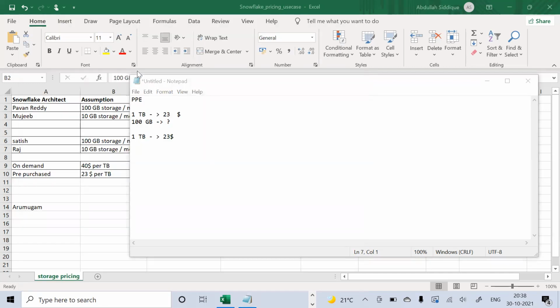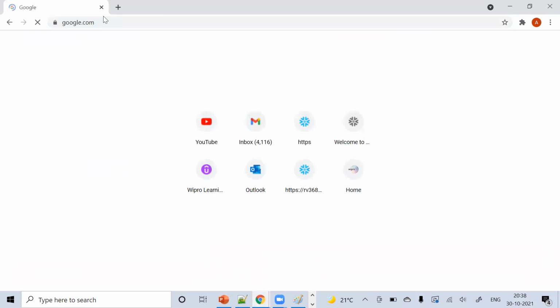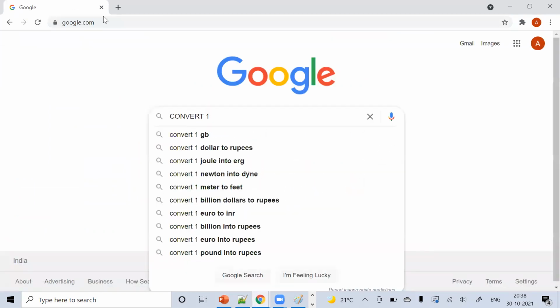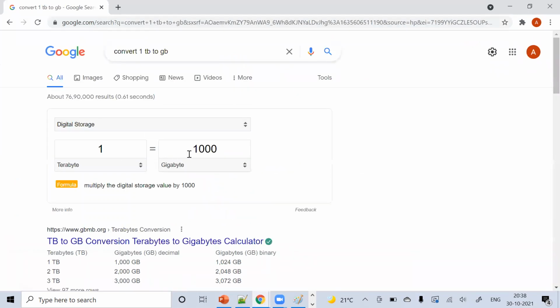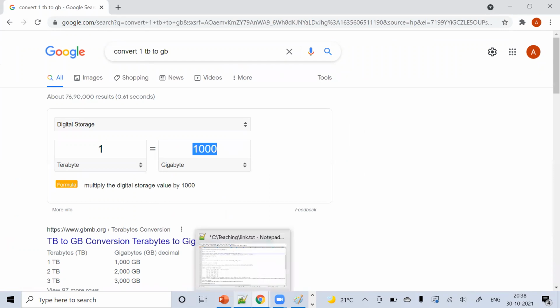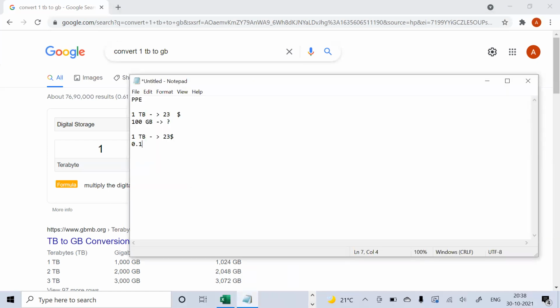Just a second, my calculation is not that good. 1 TB is not 1000 GB exactly, it is 1024.